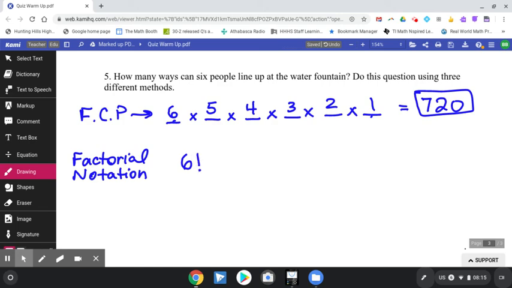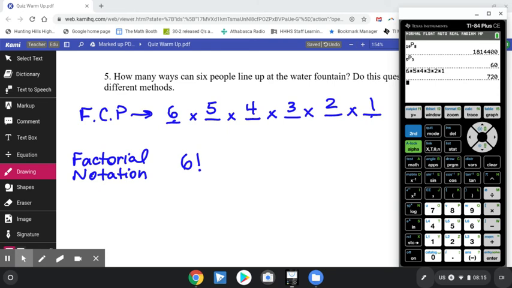Okay, so let's review how we put that into our calculator. So I start off with the 6. I go into math, over to probability, and it is the 4th one in the list. So 6 factorial, again, same answer, 720.